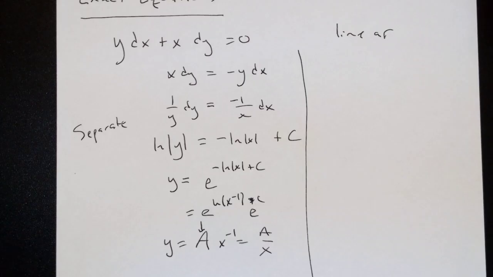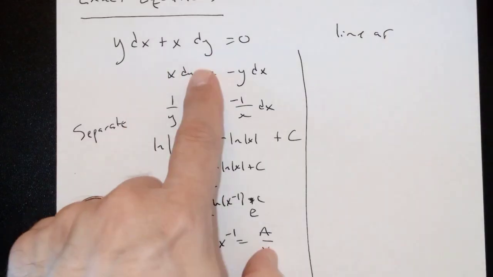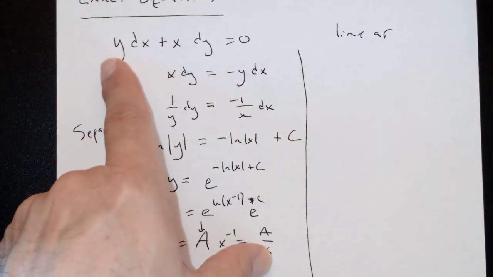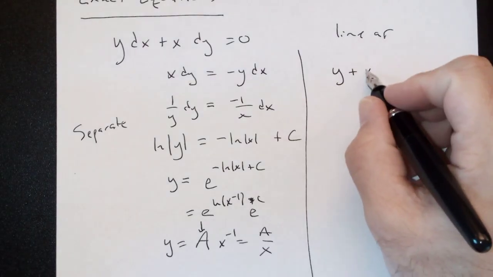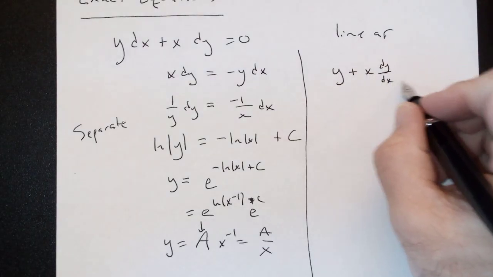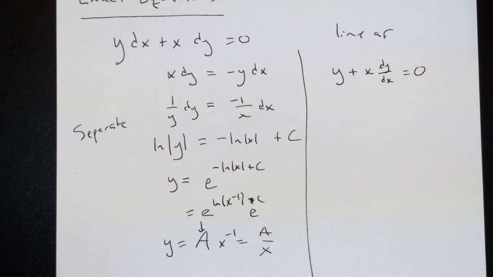I need dy dx. Then I should just divide by dx. If I divide by dx, I'll end up with a dy dx here, right? I'll end up with something that's just y here. That's okay. Wait a minute. That's something times y prime and something times y, right? The other side is 0.